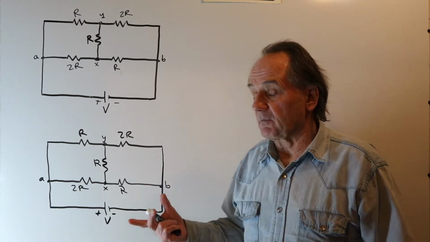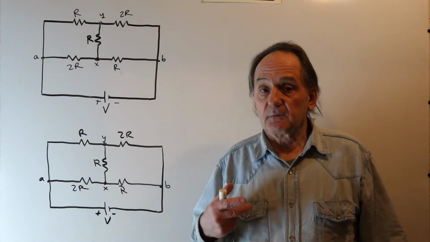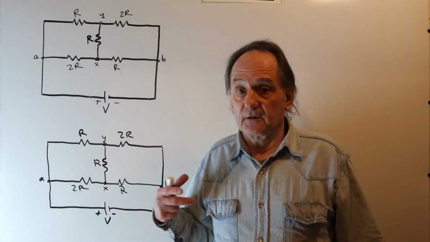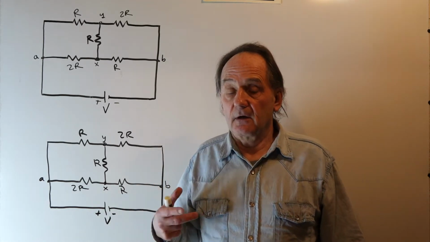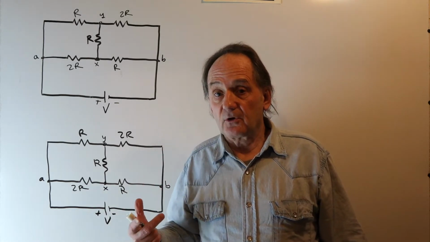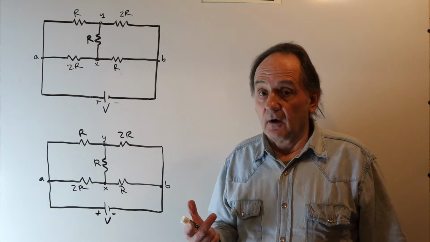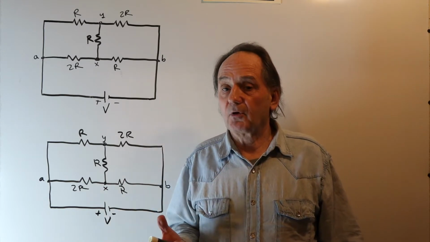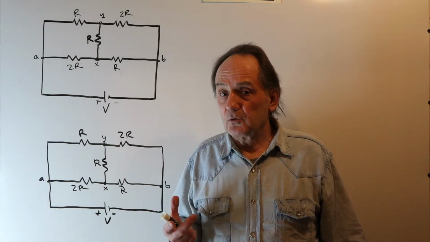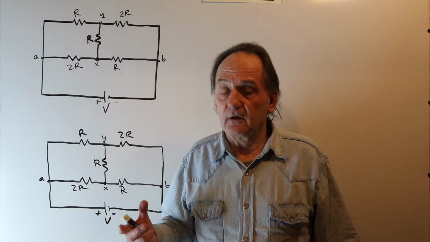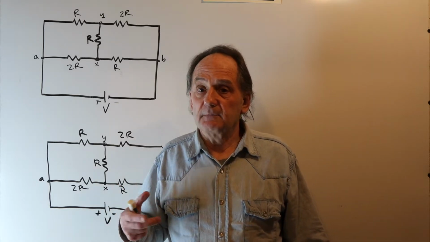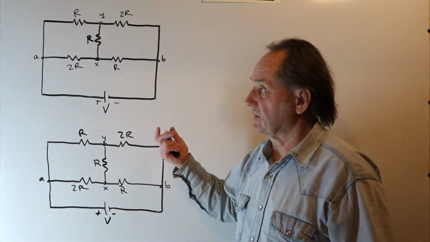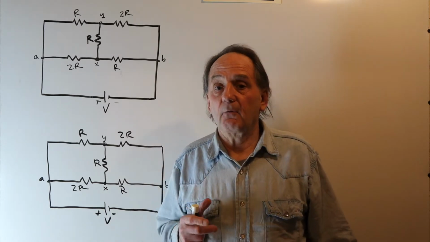The first method I'm going to use is the most direct and simplest way to solve this network. Some of the other methods like mesh currents and node voltages are a more systematic approach that you would use for larger networks. On simple networks, a lot of times you can do things by inspection, like with this particular network.